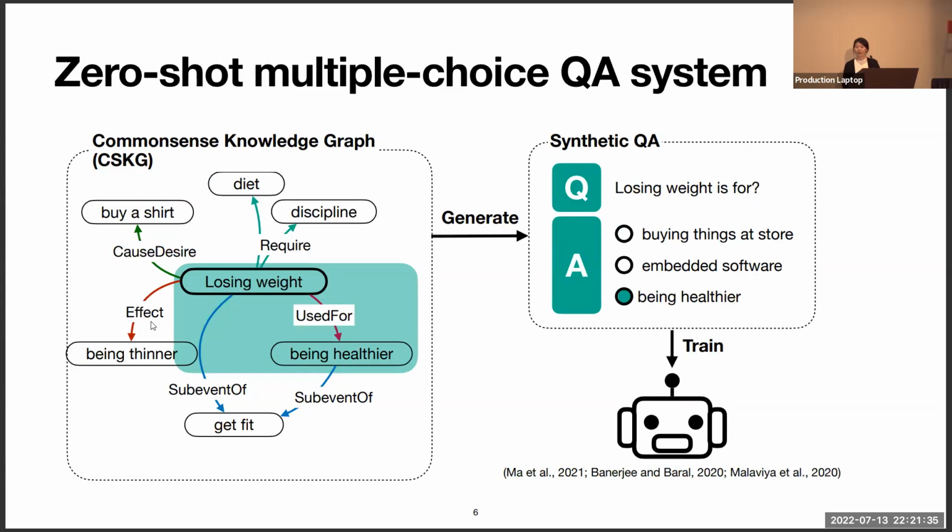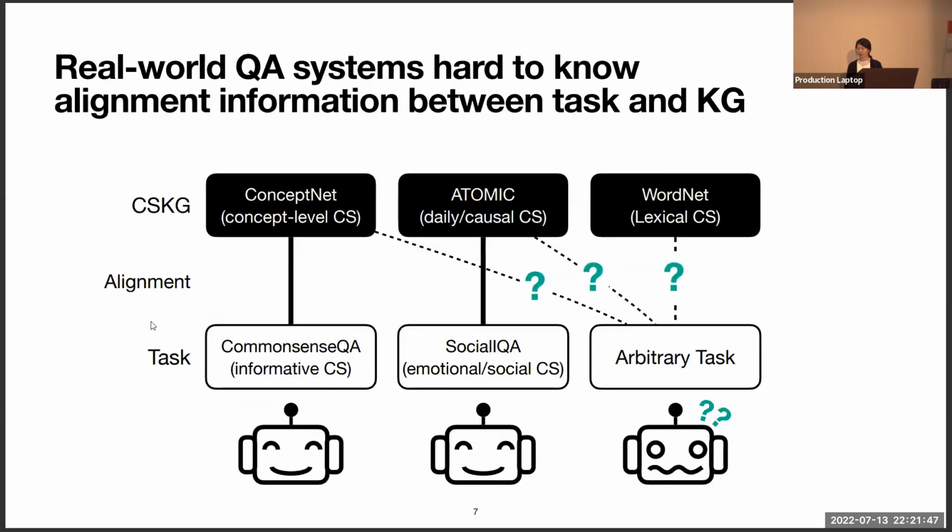In zero-shot setting, to learn a QA system without any training dataset, recent works use a synthetic QA dataset, which is generated from a single common sense knowledge graph, and they use it for training the model. This kind of QA system works really well if it learns with the common sense knowledge graph which has the equal type of knowledge that the task needs.